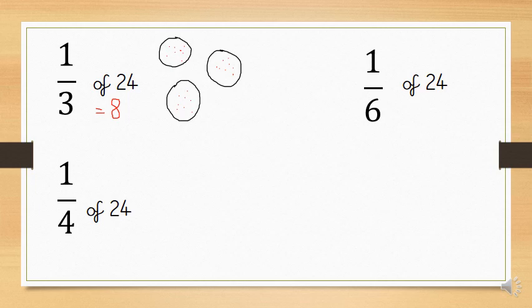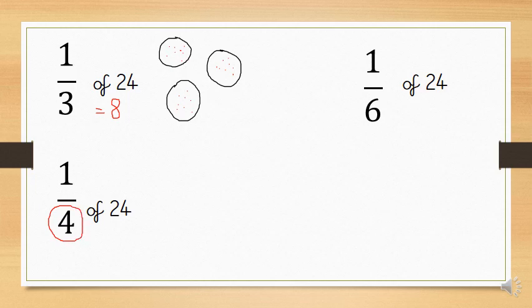So I'd like you to have a go at reminding yourself, can you find 1/4 of 24? And can you find 1/6 of 24? Some of you might be able to do that in your heads as well, and if you can, that's brilliant. If not, I want you to do exactly what I've just done and draw out the circles to represent your denominator. So pause the video here and have a go at that.